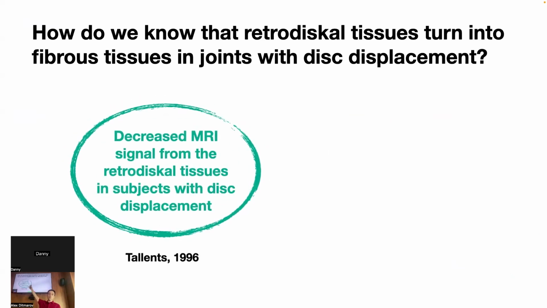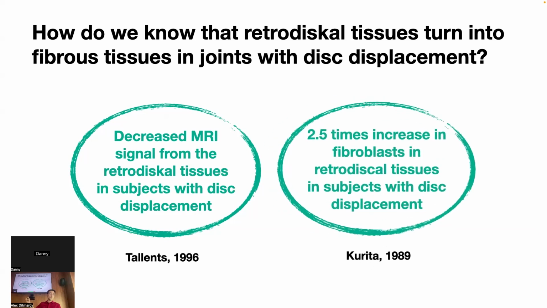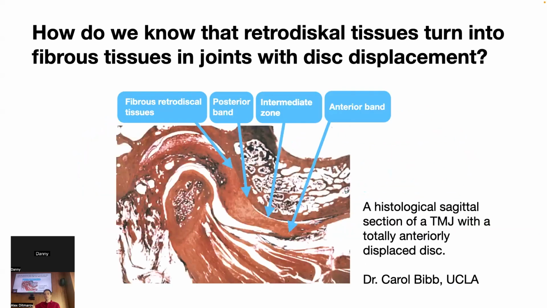For instance, this MRI study shows us that there is a decreased MRI signal from retrodiscal tissues in subjects with anteriorly displaced discs. And we know it from post-mortem studies, like this study: a 2.5 times increase in fibroblasts in retrodiscal tissues in subjects with displaced disc, right?